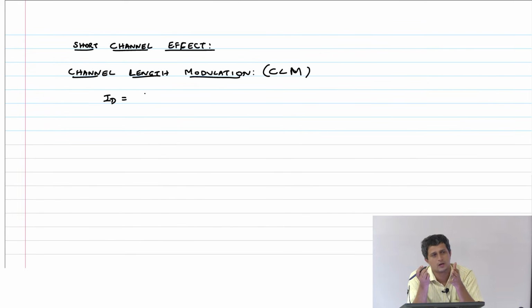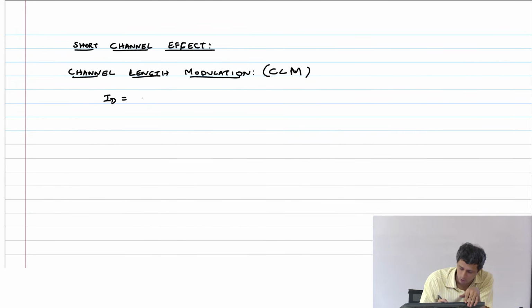So first question, will this be more severe when Vd is small or when Vd is very large? Vd is very large. So therefore, this will affect the saturation current or linear current? It's going to affect only the saturation current. So that's a reasonable assumption to make.